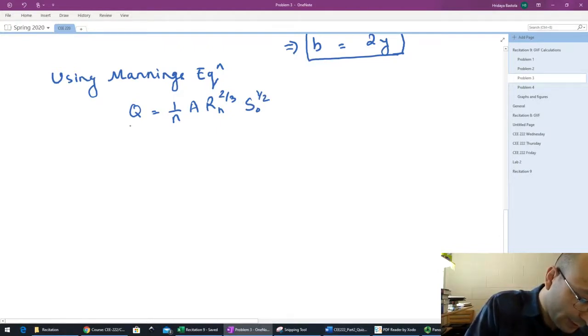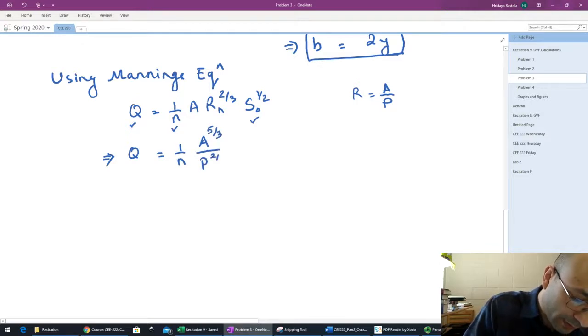In this case we are given Q, we know Manning's roughness, A is area, hydraulic radius can be expressed as area over perimeter, and we are given S naught. So let's express it in that form first: 1 over n, area to the power 5 over 3 over perimeter to the power 2 over 3, S naught to the power 1 over 2.